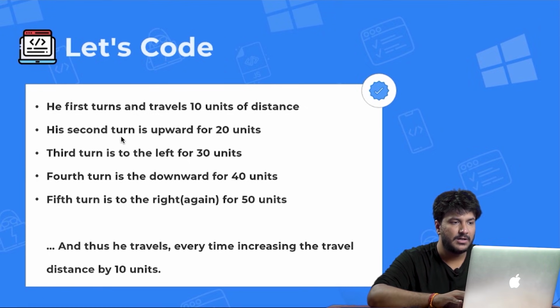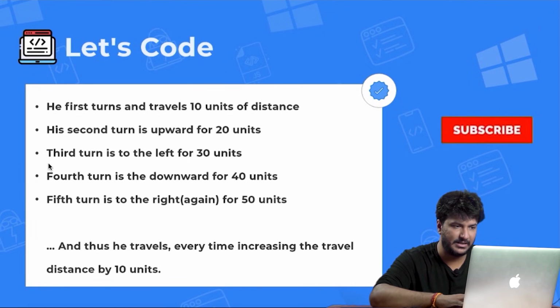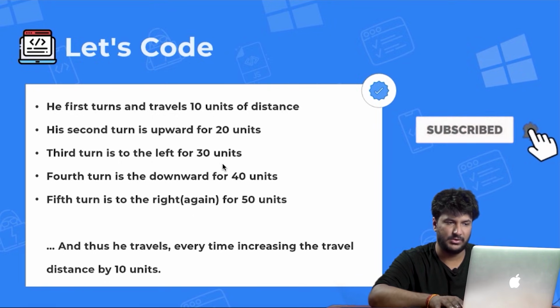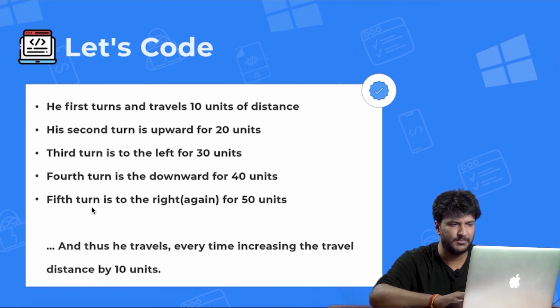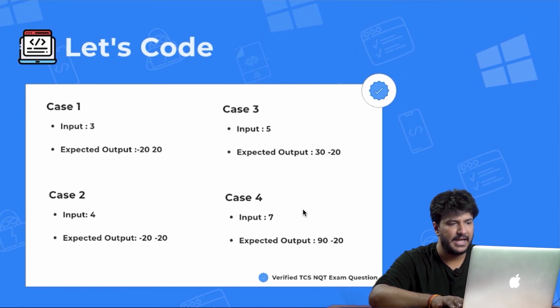Then step 2 turns upwards 20 units, and step 3 is 30 units, right? Then input 5, expected output is 30, 20. So then he makes 5 steps, the fifth turn. And then input 4, then these are the values, and then input 7, then these are the values, right?